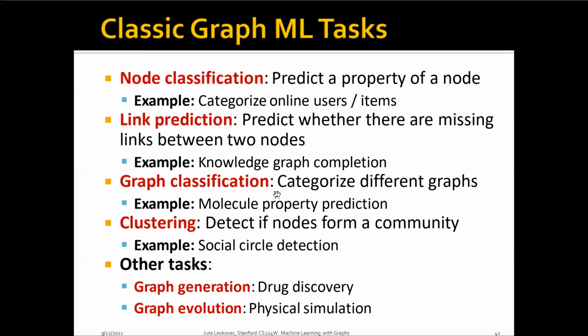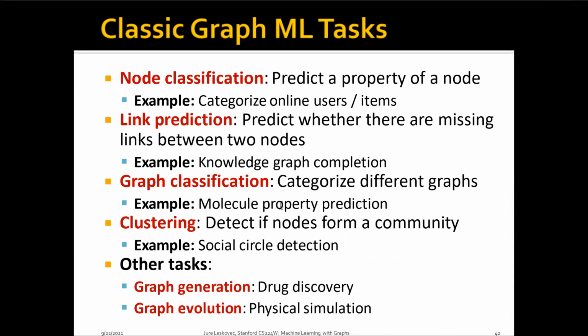And also the graph classification, for example, the molecule property prediction. As I know, some molecule property prediction takes a really long time to solve some complicated differential equations to derive that property.